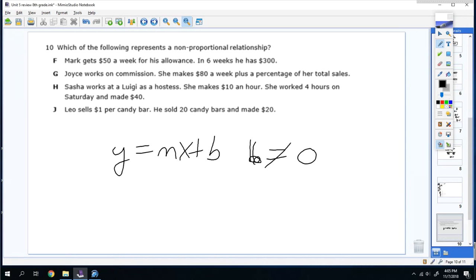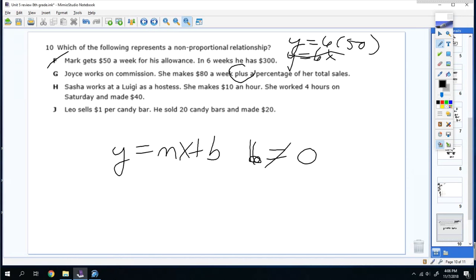In 6 weeks, he has $300. Well, that'd be y is equal to 50x, or 6 times 50, which is 300. So, wrong. Joyce works on a commission. She makes $80 a week plus a percentage of her totals.